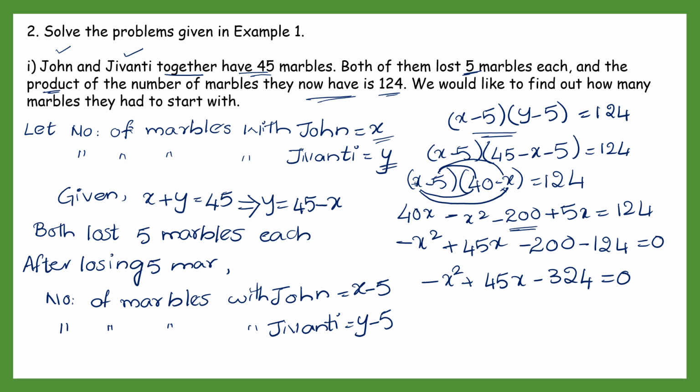Now they are asking to find the number of marbles initially had. That means the number of marbles initially John has is x, Jivanti has y. That means we need to find x. From this quadratic equation, how can you find x? By using the factorization method. Splitting the middle term method, we can find this.